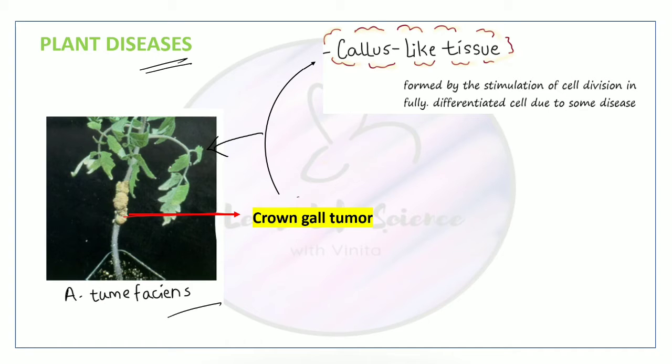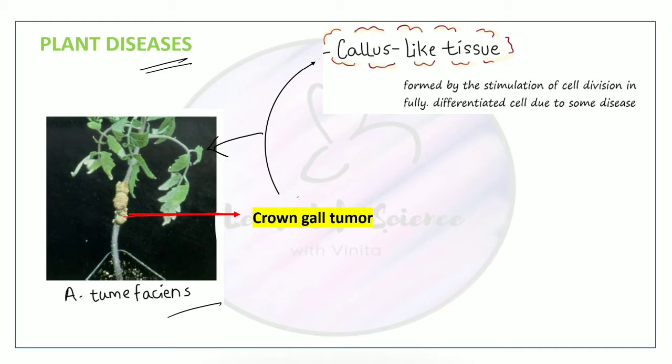Basically, when the host plant gets wounded, it releases certain attractant compounds. The chemoattractants cause the bacteria to be attracted to that site. At that site the bacteria transfer some part of their genetic material, also known as the Ti plasmid, into the host plant.